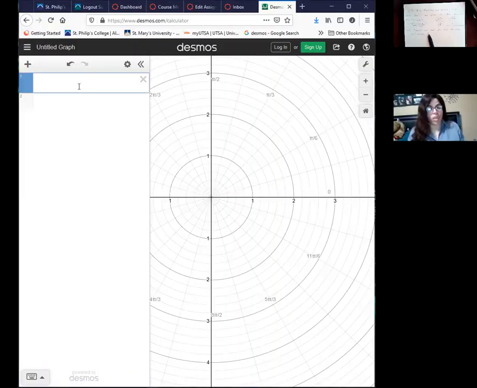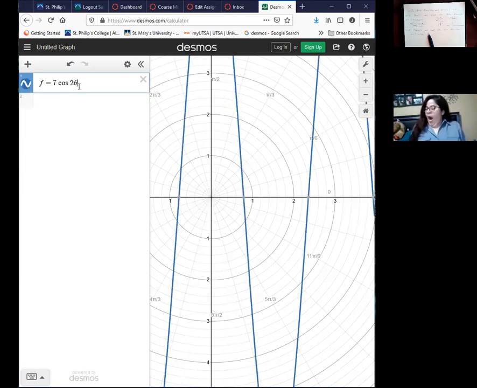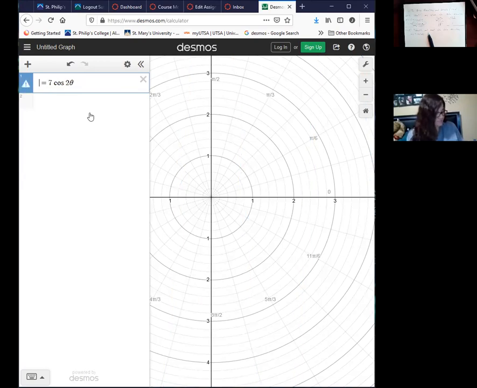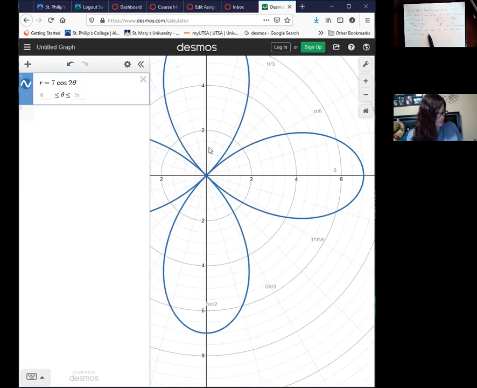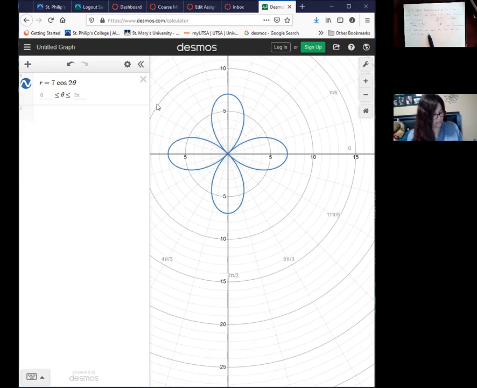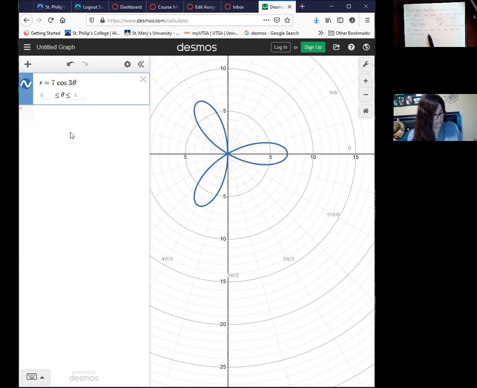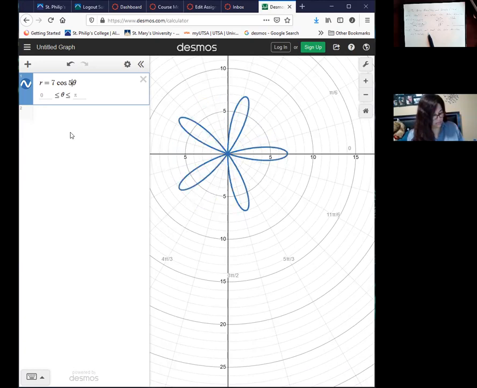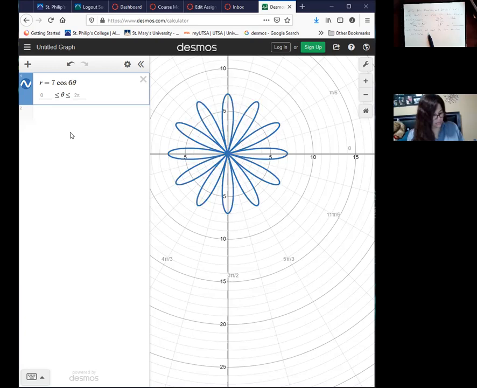Okay, so r equal to 7 cosine of 2 theta. There you go. So see how my n is 2. So it's 2 times 2 to get 4 petals. If I put 3, it's literally just 3. If it's 6, then you expect 12 petals because it's 2 times the even number.